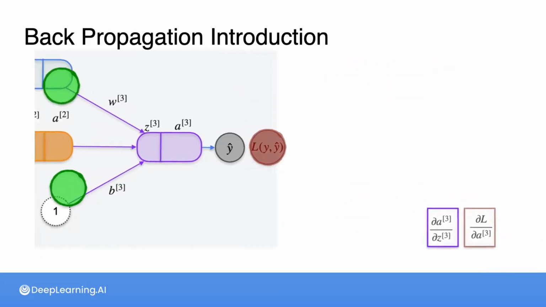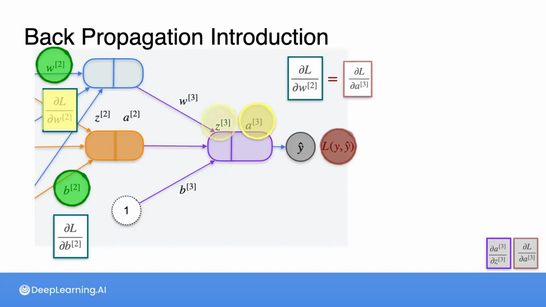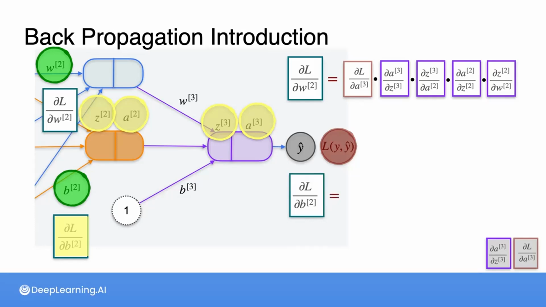So these ones we know how to calculate. Now let's move a little further, and it's the same thing. We need to calculate ∂L/∂W superscript 2, and these are all the variables that are in between. So we need to do a long chain rule of variables, each one depending on the previous one. But as usual, these are either linear functions or sigmoids, so they're all easy to calculate. And the same thing happens for ∂L/∂b superscript 2.